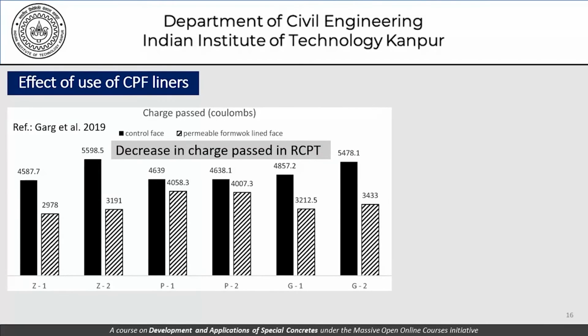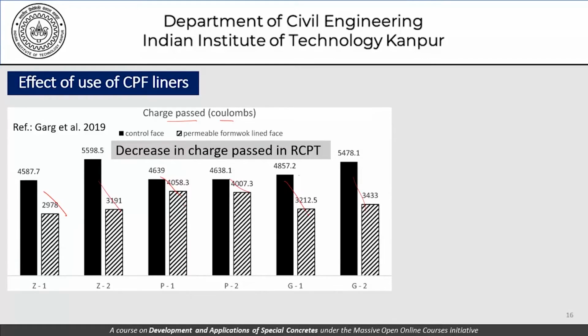Yet another test we carried out was the RCPT, or the rapid chloride permeability test, where the effectiveness is measured in terms of charge passed, in coulombs, and we found that again the values are lower than the corresponding concretes cast without the CPF liner. Whether this is more effective than this and so on, that's a matter of discussion.